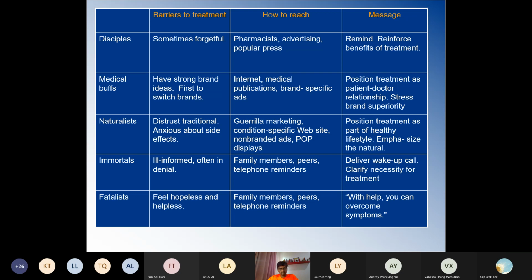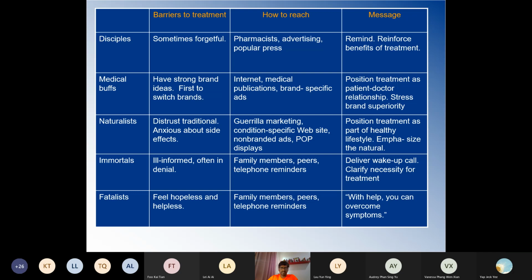Medical buffs, and they are kind of strong brand ideas. So these are the people that when any new movie comes into the local theater, they will try to be the first people to watch the movie. Any new brand is launched, they will try to use it.